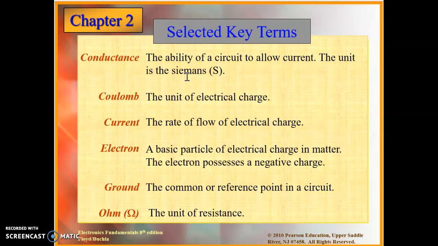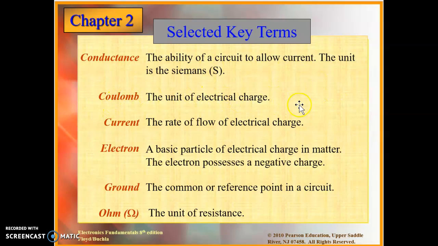That means the path of the current is very limited. You are squeezing it, so not a lot of current can go. If the resistance is a small number, then the conductance is a large number, which means the path for the current is being stretched. So it is an important measurement.